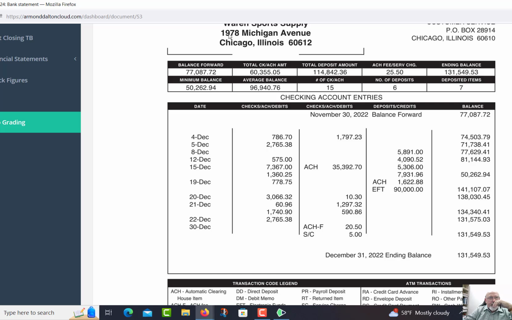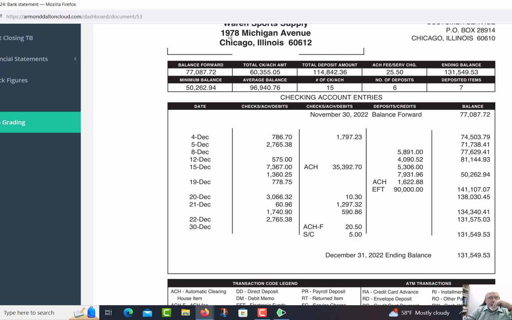This is going to be based on the GL numbers you have to date, okay? So basically you're going to have an inventory number as a debit here. And what I want to point out is, with the inventory adjustment, we're trying to calculate the cost of goods sold.